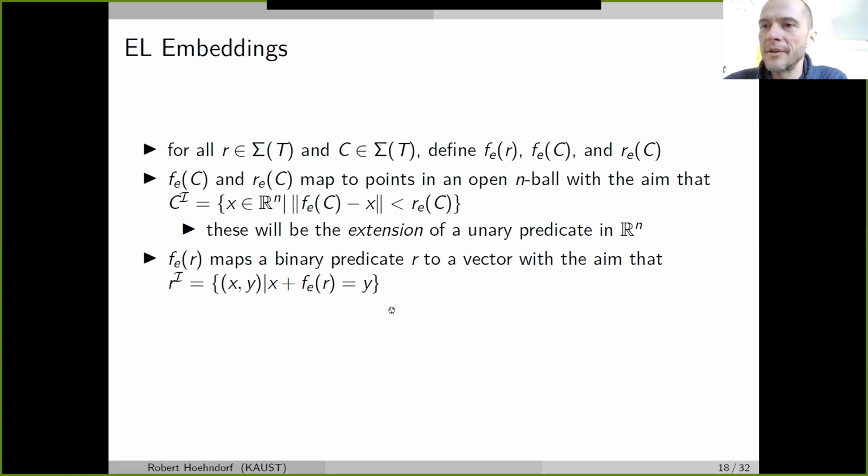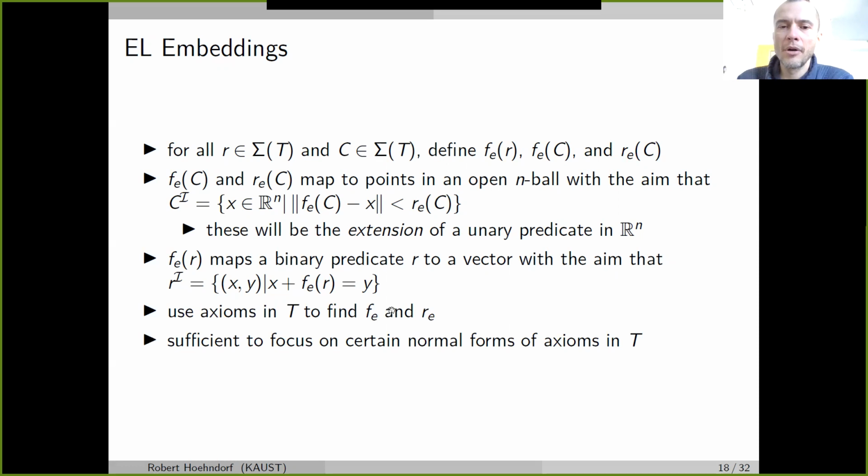So R is a vector, and then it's just a transformation, and any pair of points such that x plus the embedding of R equals y is satisfied are the extension of R.